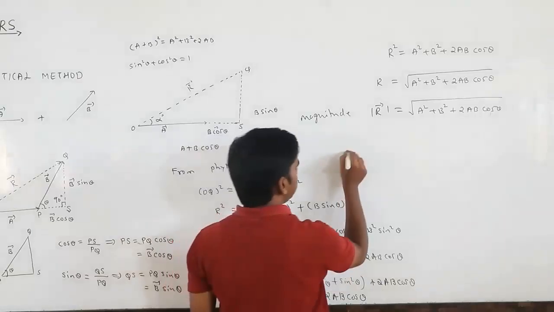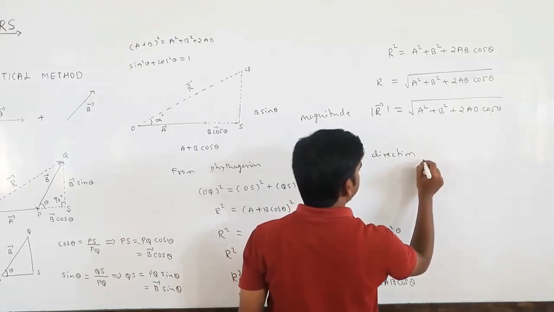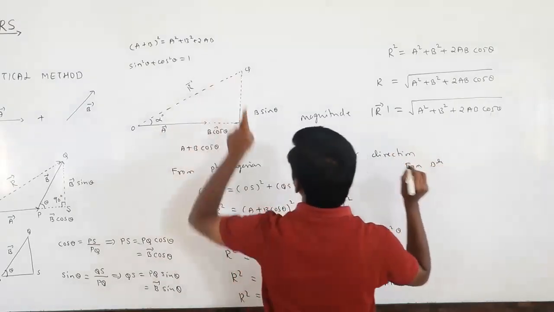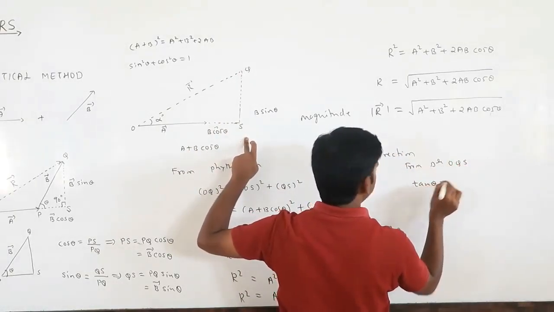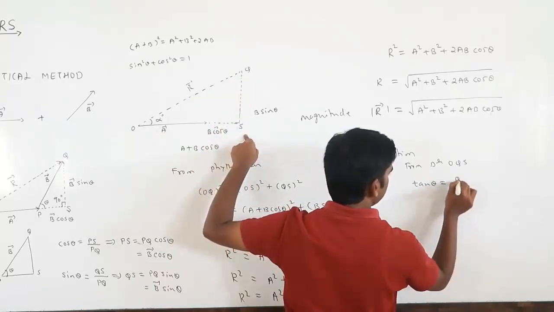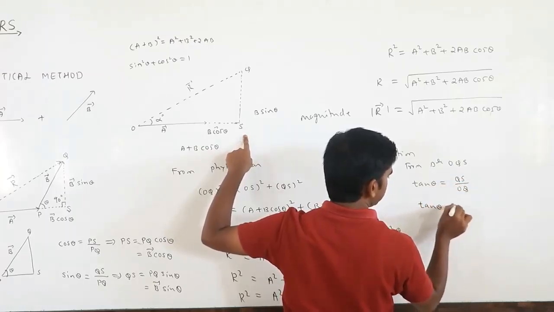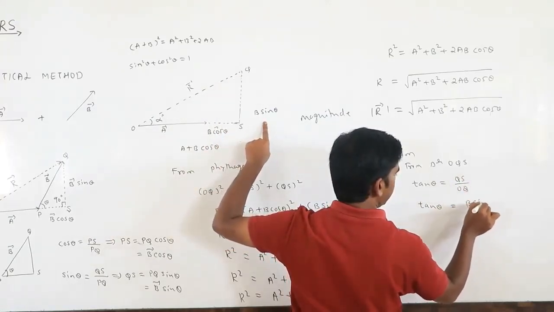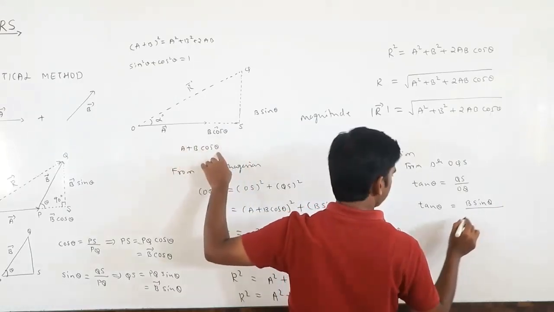So for direction, from triangle OQS, tan theta is equals to QS divided by OS. So tan theta is equals to, what is QS? QS is B sin theta divided by, what is OS? OS is A plus B cos theta.